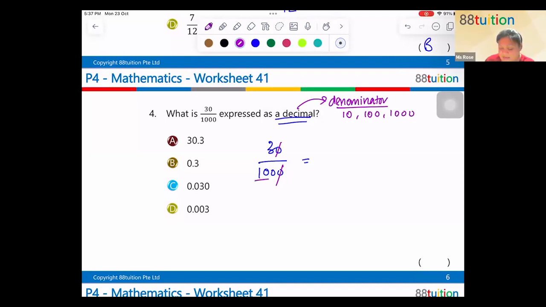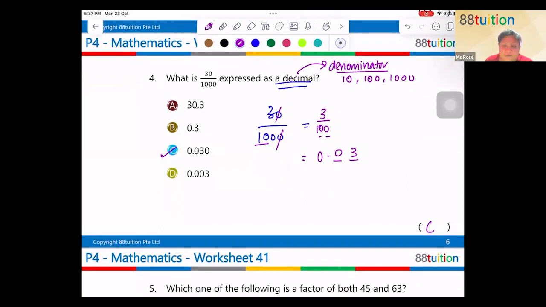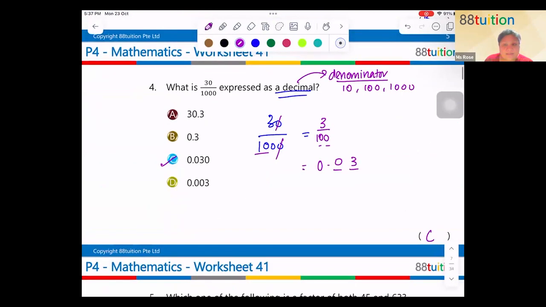After I cancel, I divide by 10, so I'm left with 3 over 100. Because there are 2 zeros, there must be 2 decimal places, and the 3 goes to the end first, followed by a 0. So this gives 0.030. Everyone okay? Am I too fast? No.